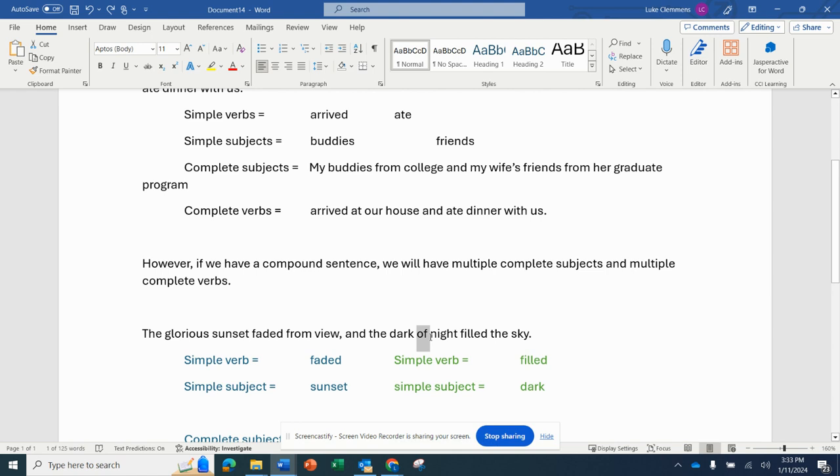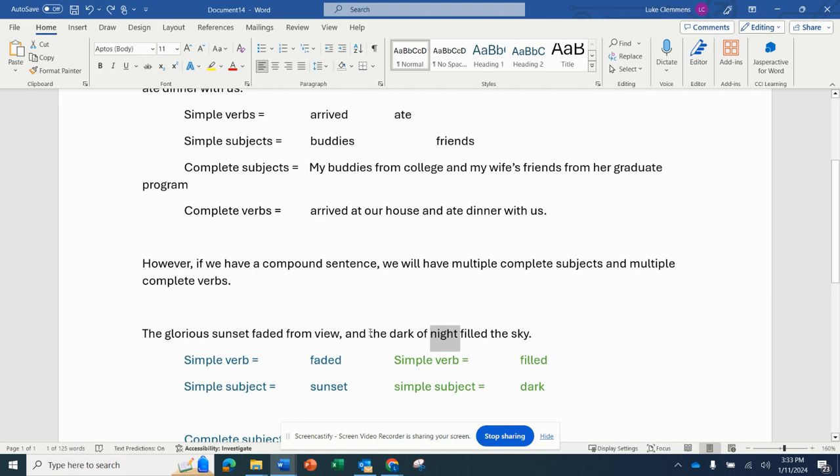Of is a preposition. Prepositions always have objects, okay? And here's the deal with our nouns: a noun can only be a subject or an object in a sentence. One of each. It can't be both. So because night is the object of the preposition of, that's all it can be. Okay? It can only be an object. It cannot be a subject.